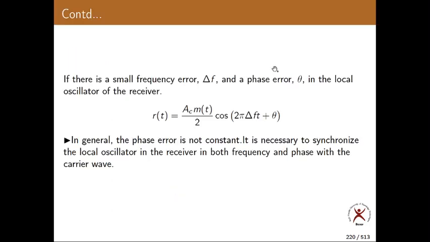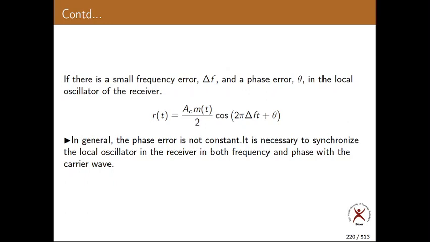Okay. Now let us take one more condition. See, cos 2πf_c t means it has got a frequency also. So there may be loss of frequency synchronization also. That also may happen. I told you already. Both carriers at the modulator and at the demodulator are the same, which means they have the same frequencies and same phases.